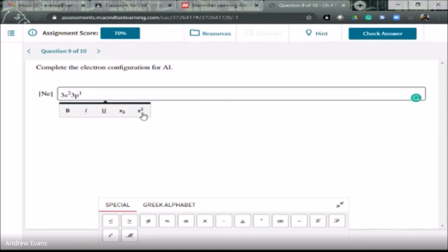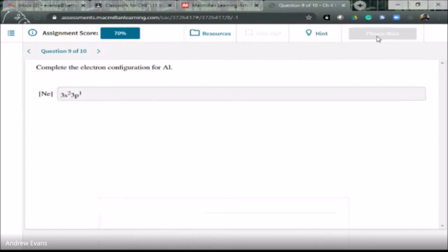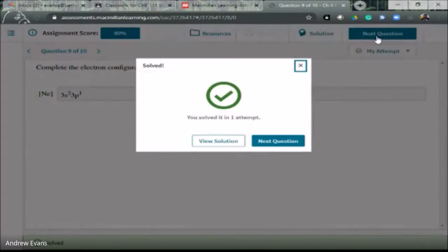The only difference between full and condensed is essentially that we're starting from the noble gas the row before, and we're just doing that last row's worth of stuff.